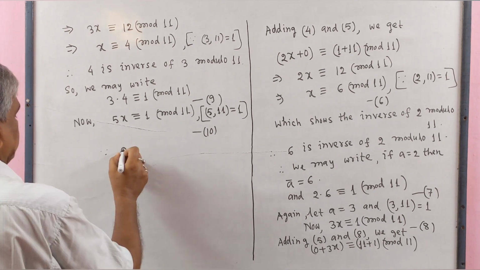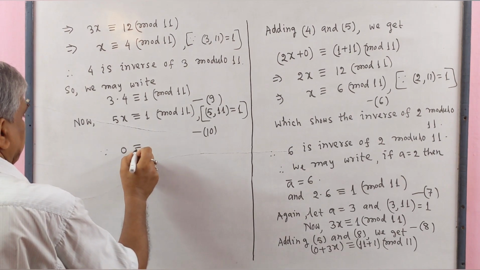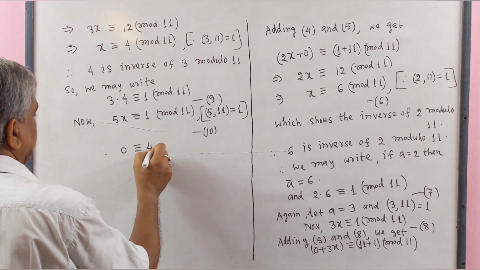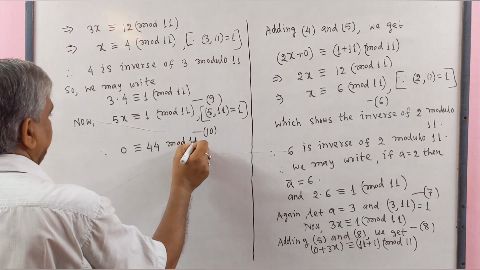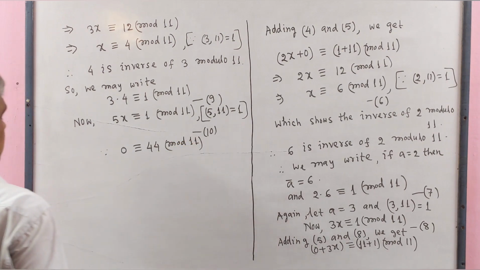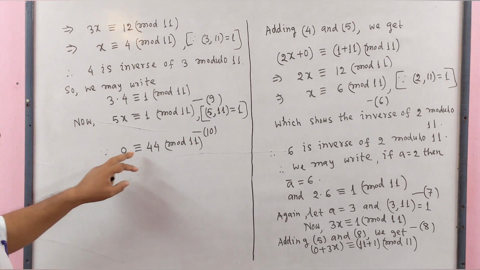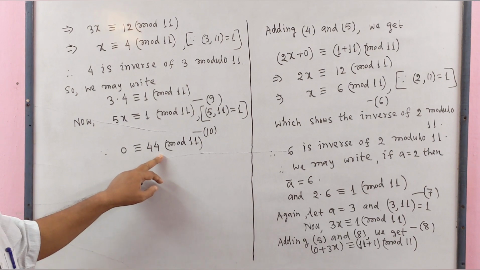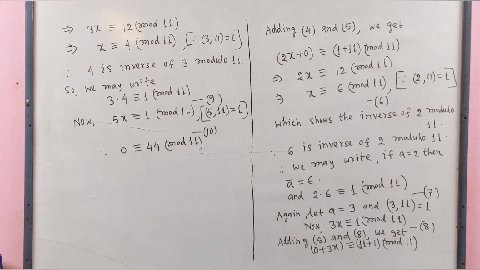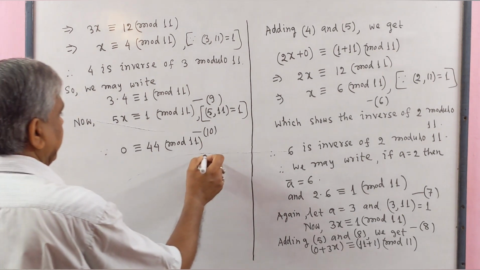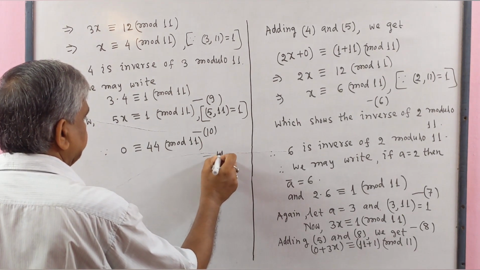Since 0 is congruent to 44 modulo 11, because 0 minus 44 is minus 44, which is divisible by 11. Let this be number 11.